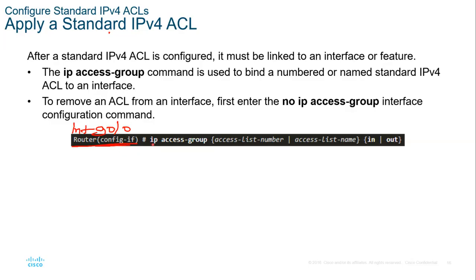Then you put the command ip access-group. You can use the number, maybe like 1, so you just say ip access-group 1. If you use named, then you put the name here.